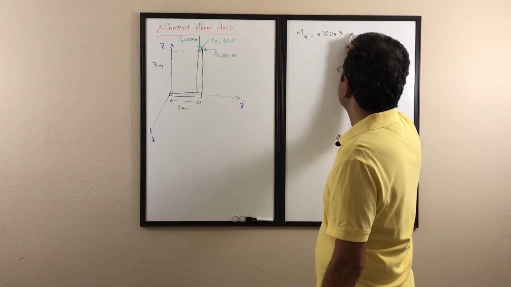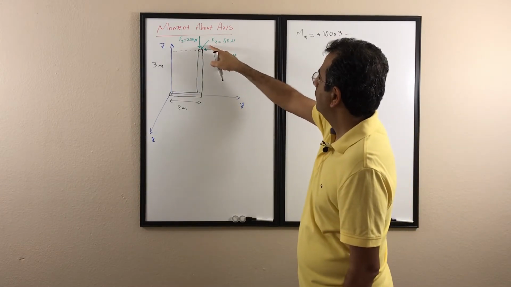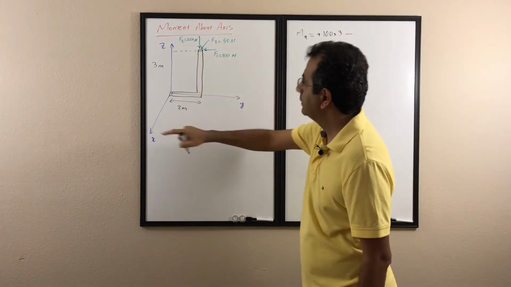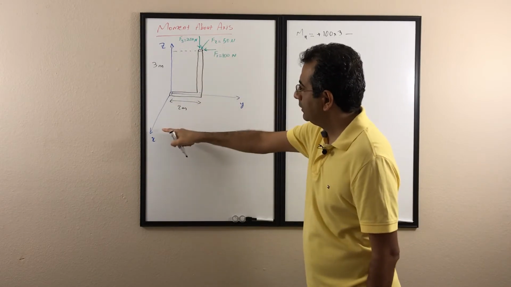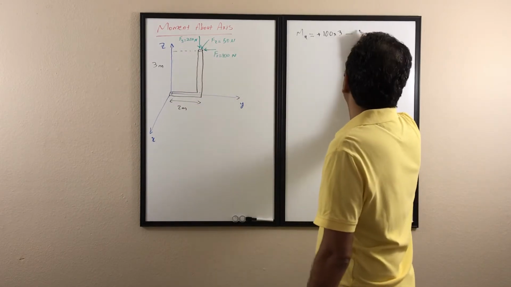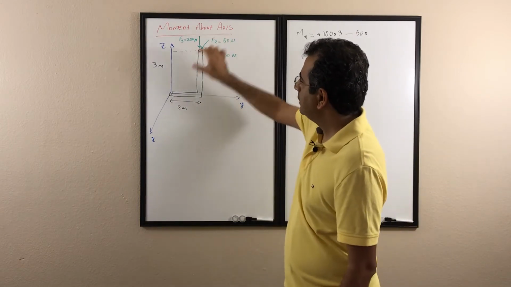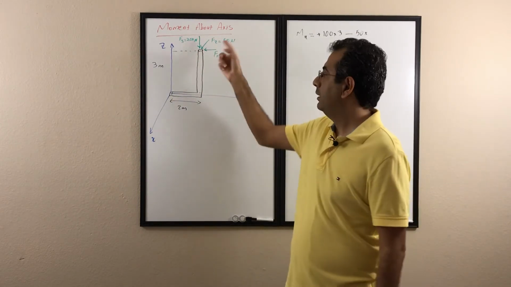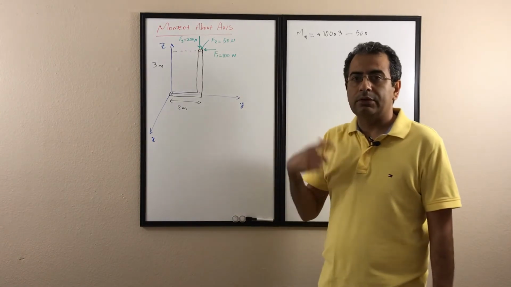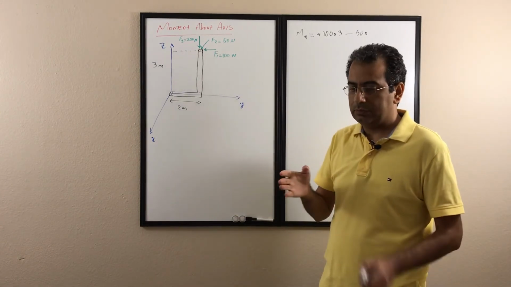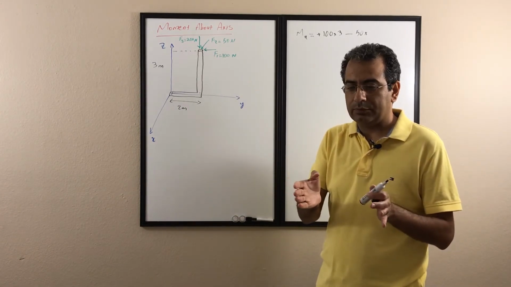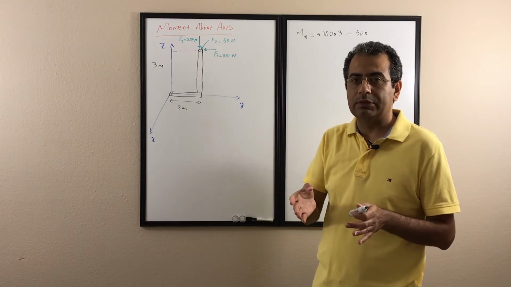Now I go for the second one, F2 with respect to x. The magnitude is 50, and because F2 is parallel to the x-axis, it is not going to generate any rotation. The axis and the force are parallel, so there is not going to be any rotation.